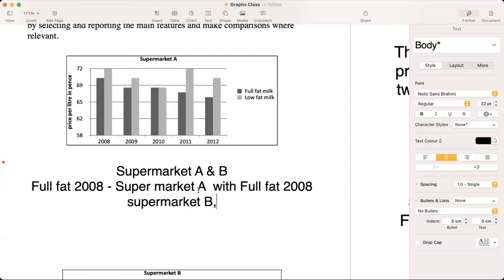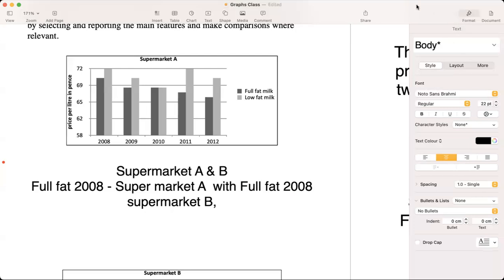And then I did it again for 2009, 2010, 2011, 2012, for every year I'm doing it. So I did this once for all the years for full fat, and I'll do this again for all the years for low fat. Is it clear?